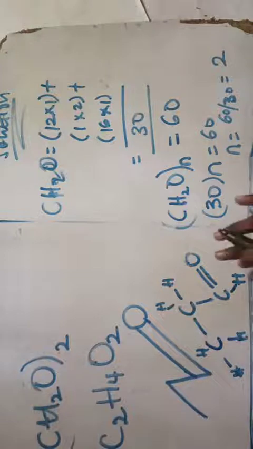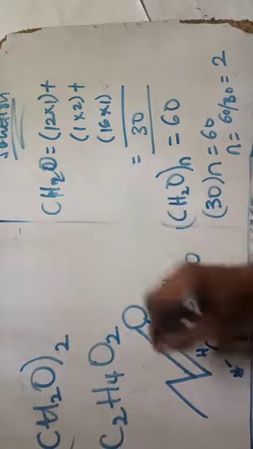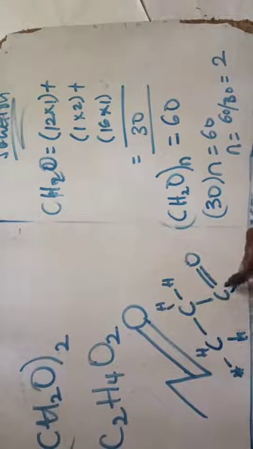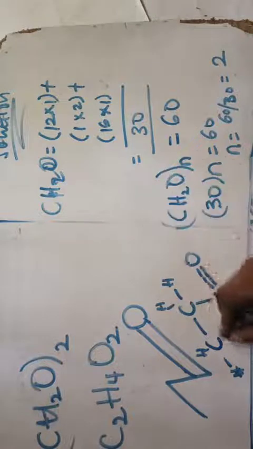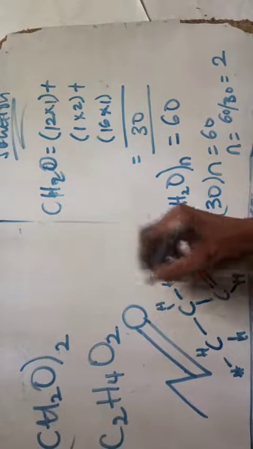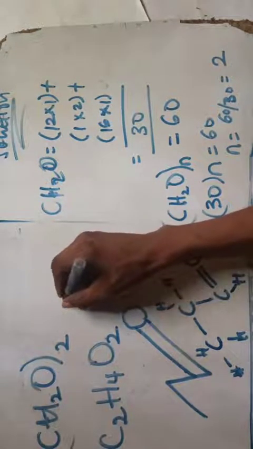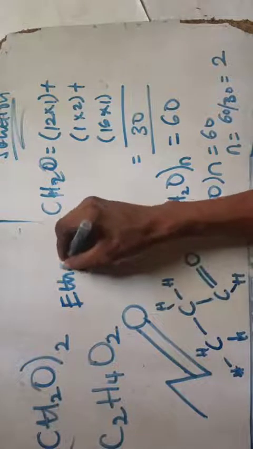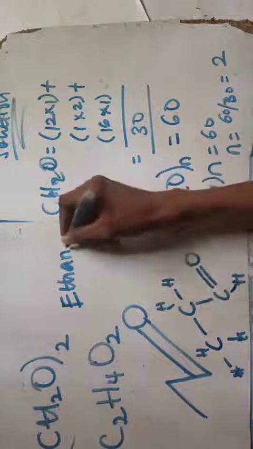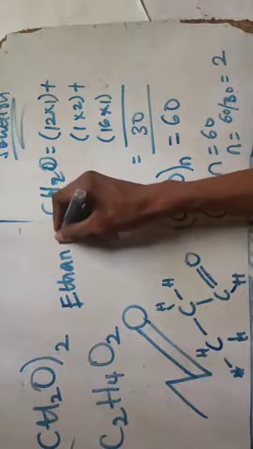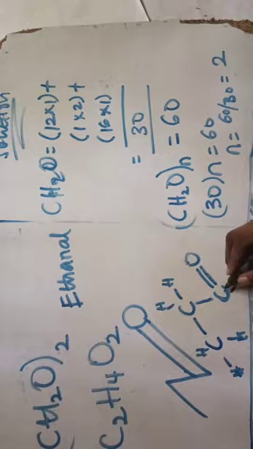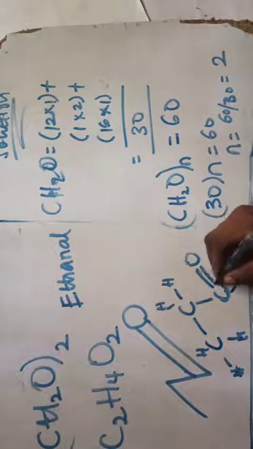So you see, this is CHO. You should know that this is RCHO. So simply this kind of compound will be an aldehyde, with a single carbon and a double bond.